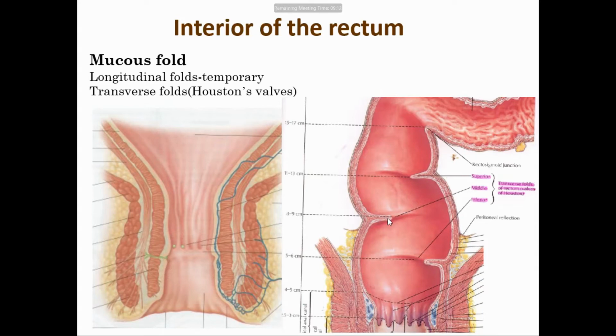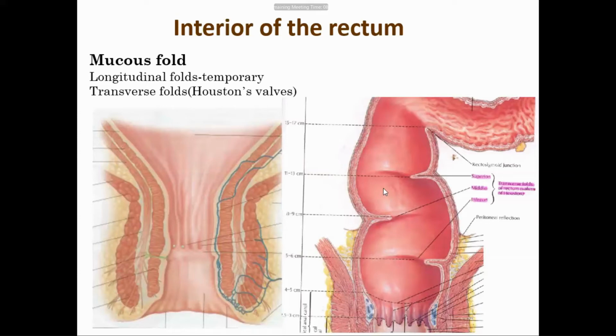This middle valve divides the rectum into the upper and the lower chambers, which are functionally and developmentally different. The upper chamber develops from the pre-allantoic part of the hindgut, whereas the lower part develops from the cloaca.